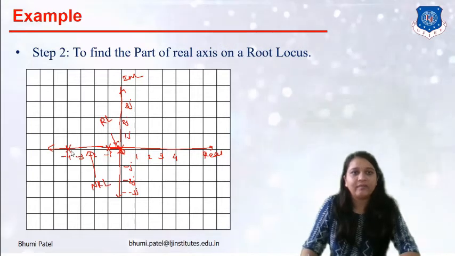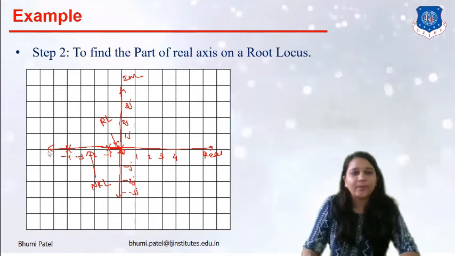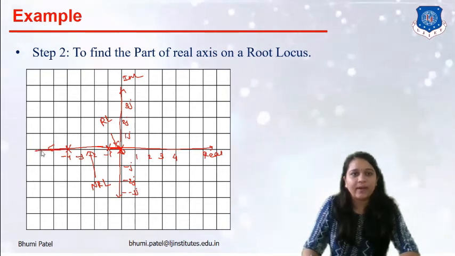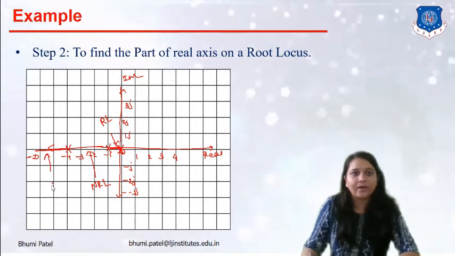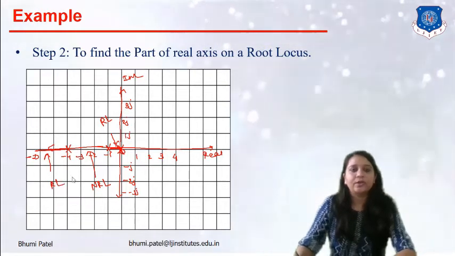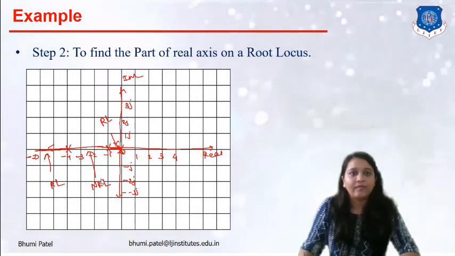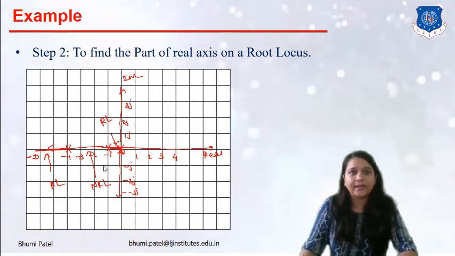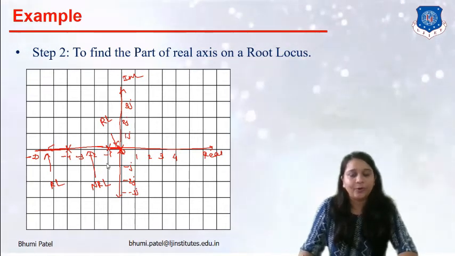After that, starting with the third pole, where only 3 poles are given, and ending at minus infinity, again this is a root locus area. So for this transfer function we have 2 root locus areas and 1 non root locus area. This is the part of the real axis on the root locus.